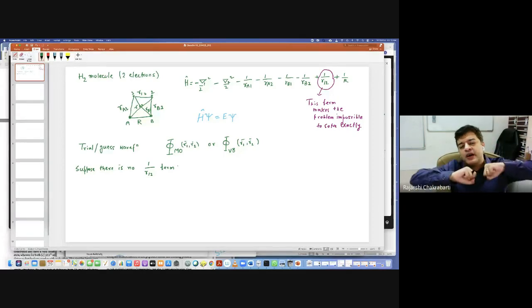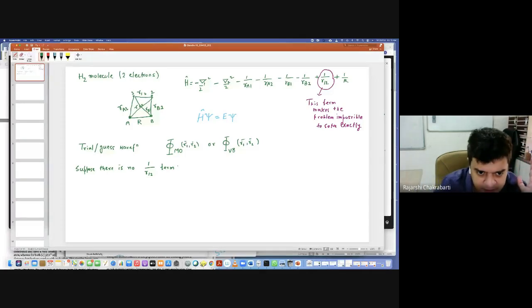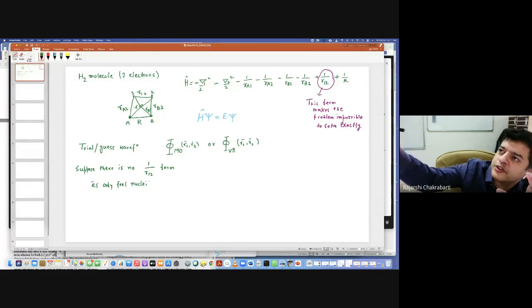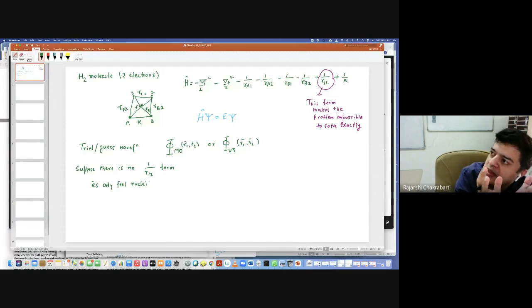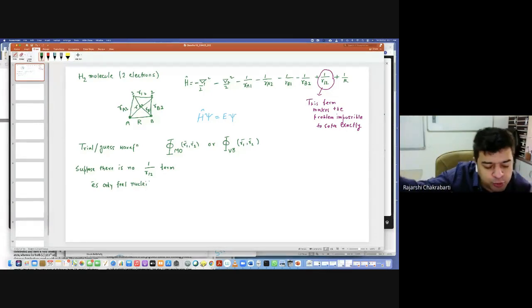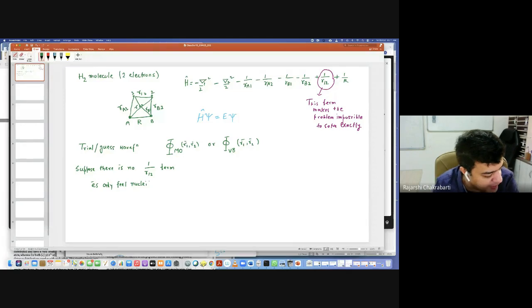So if there is no electron repulsion, these electrons will only feel the presence of the nuclei. So when electron 1 is close to nucleus A, it is like a hydrogen atom, isn't it? And when electron 2 is close to nucleus B, it is like another hydrogen atom. So in that case, I can start with a trial wave function like this.